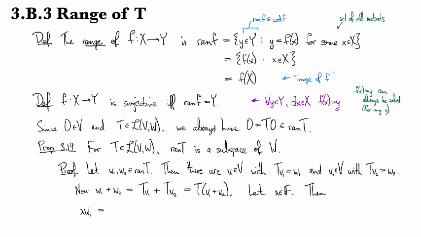All we know about w1 is that it can be written as T of v1 for some v1. And so then I can do the same thing, and I can pull the lambda inside. And so now I have my guy expressed as T of something from the domain. That means that my guy is in the range. And so I'm done.